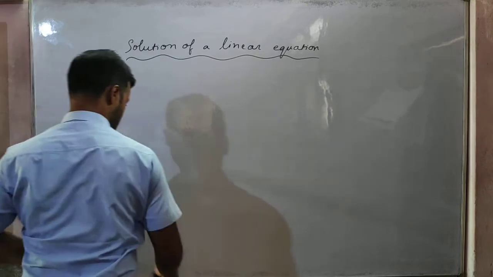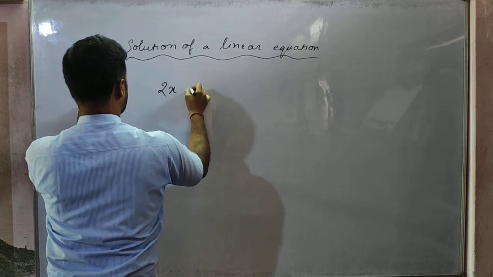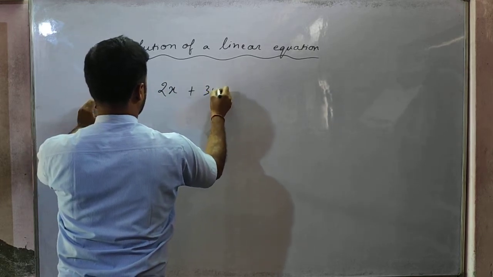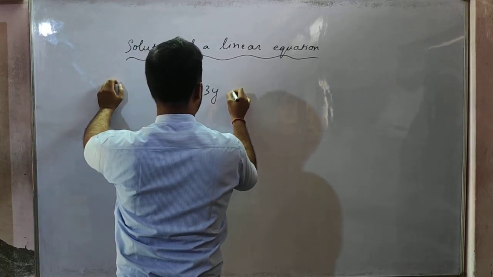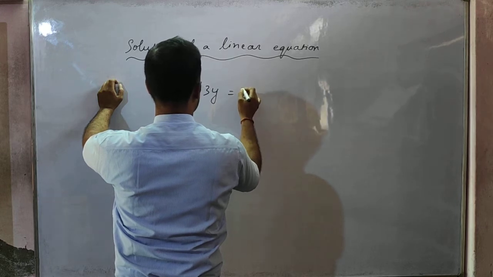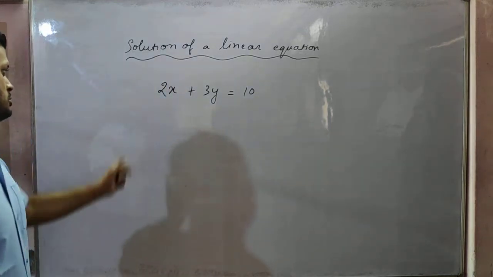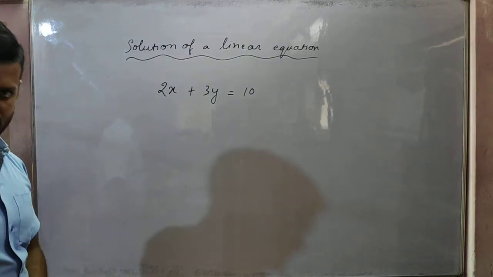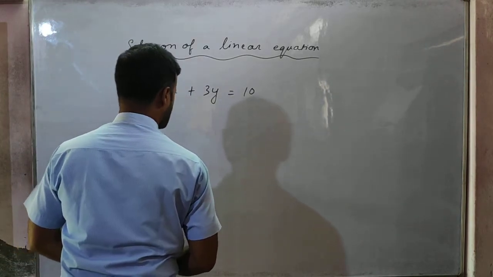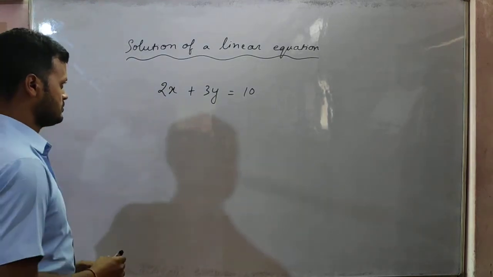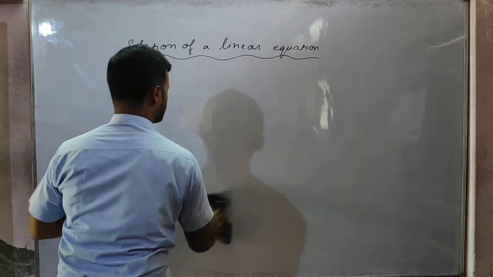Suppose 2x plus 3y is equal to 10. I will take one simple equation to make you understand properly.